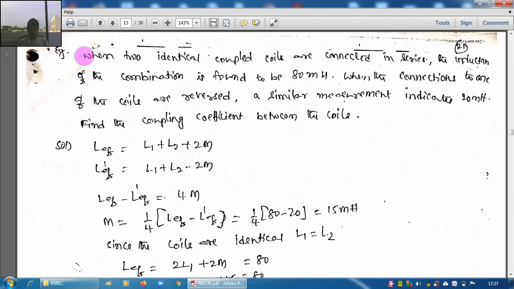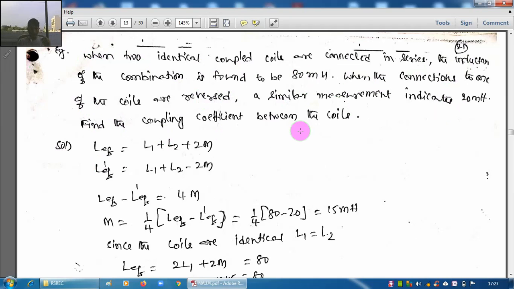If you take one example, the problem is stated like this: when two identical coupled coils are connected in series, the inductance of the combination is found to be 80 millihenries, and when the connections of one of the coils are reversed, a similar measurement indicates 20 millihenries.